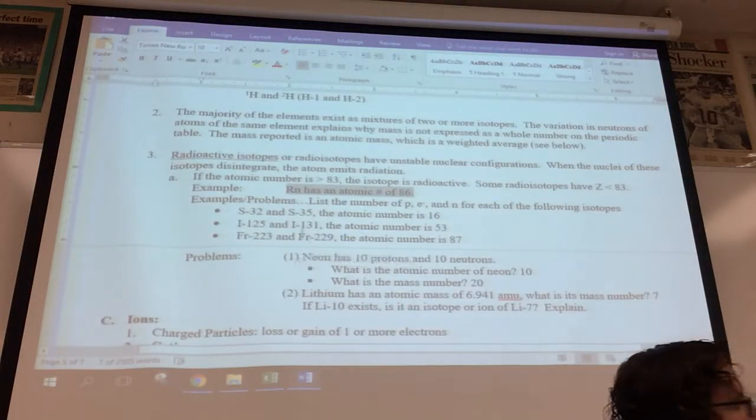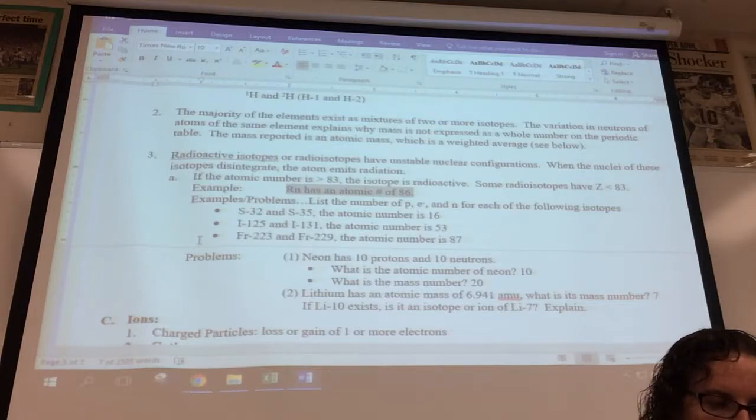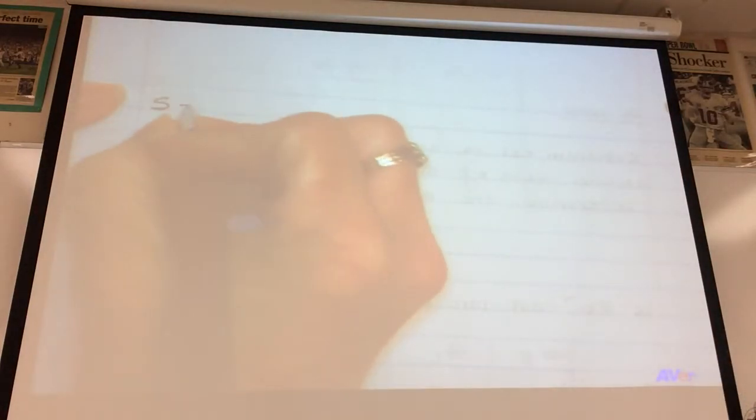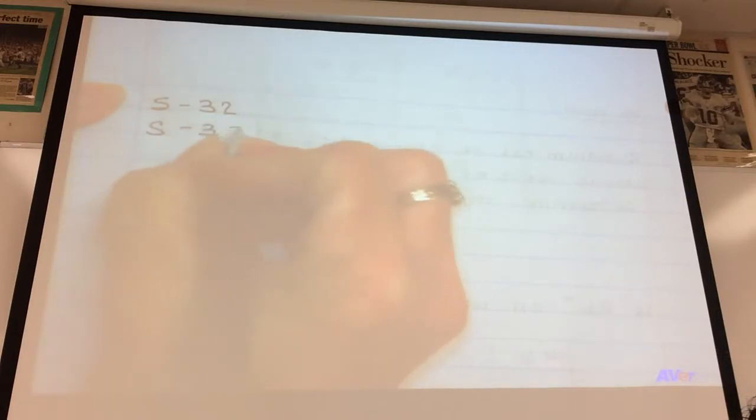All right, let's take a look. We want to make sure we can do protons, electrons, and neutrons for each of the isotopes indicated. I'm going to make a table on this one too. I think it'll be easier to follow. So we have S-32, the mass number for sulfur, and S-35.